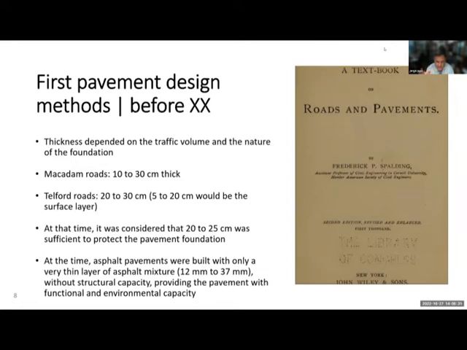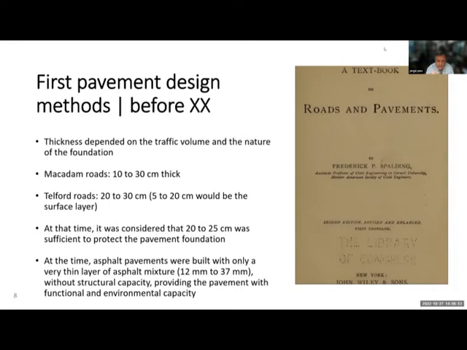At that time, it was considered that 20 to 25 centimeters was sufficient to protect the pavement foundation. And pavement design was based on this principle: what is the thickness that we need to put on the pavement foundation to protect that foundation?